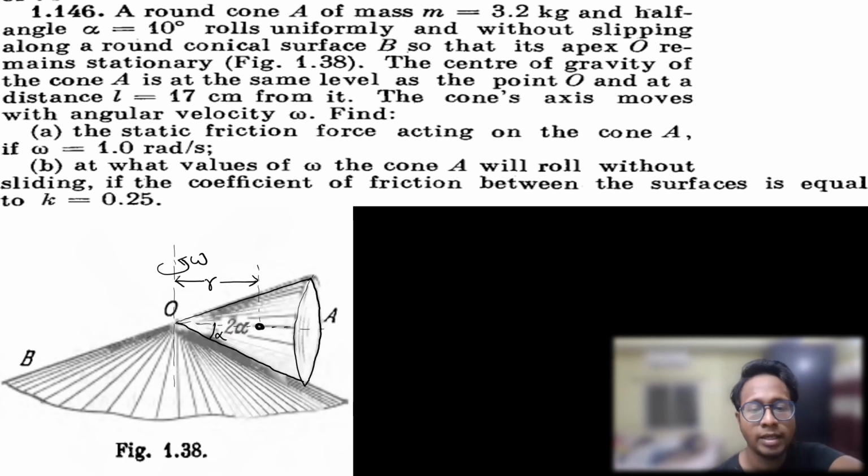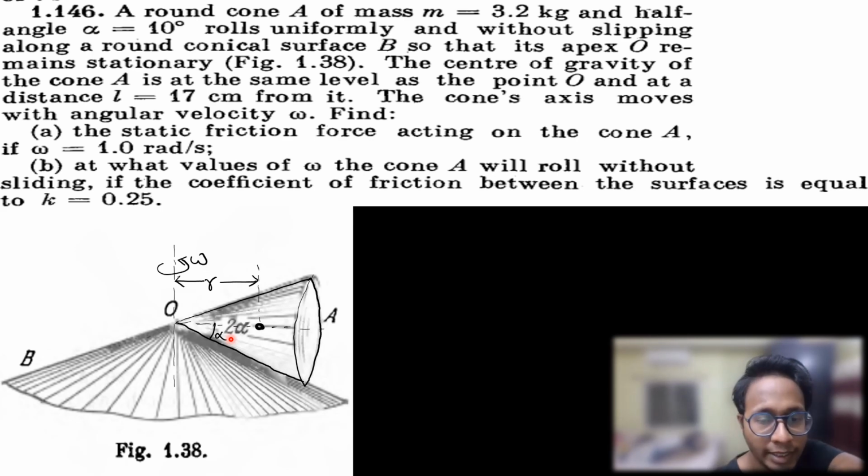Now the first part of the question is asking, the cone is revolving around this pyramid, right? If this point is not hinged out here, something is helping this cone stay out here, and that is nothing but the friction force exerted by the pyramid on the cone.